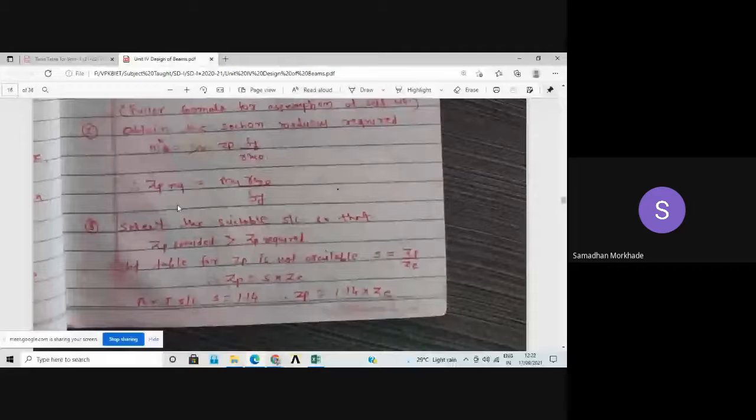Now step number 3, select a suitable section so that ZP provided is more than ZP required. ZP we have to pick up from the IS code, page number 138.